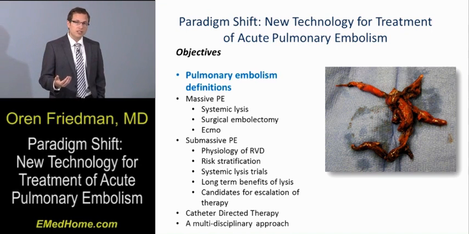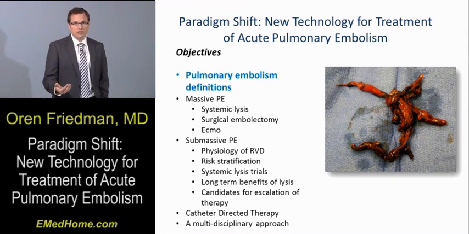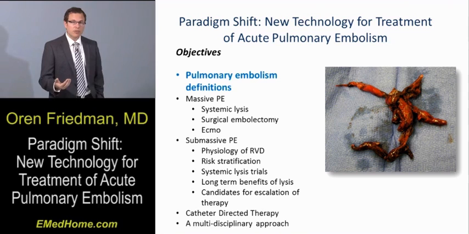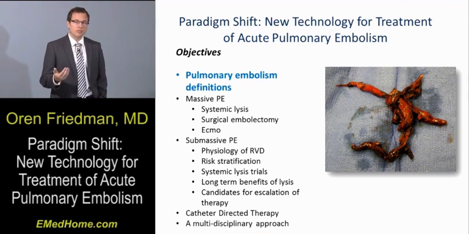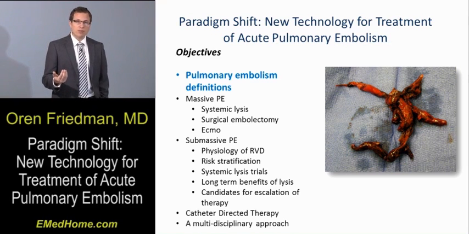And in those patients, we would advise moving forward with either anticoagulation alone or catheter-directed treatment. And in the submassive pulmonary emboli group, catheter-directed therapy is finding itself a very important niche. Both in the young patients, that even though they have a low rate of bleeding, I still think it is safer than giving IV systemic thrombolytics and may have some serious long-term advantages.